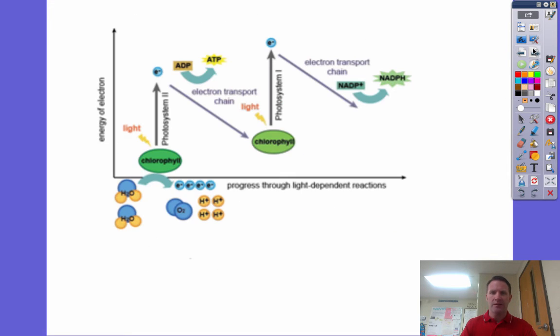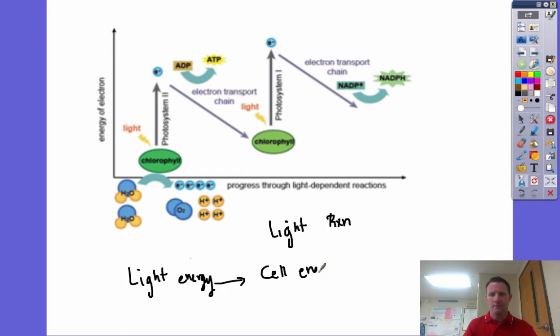So that's about pigments. So remember that stage 2 is where the pigments actually are used to do something. So this is stage 2, called the light reactions. Okay, and they basically take light energy and convert it into cell energy.